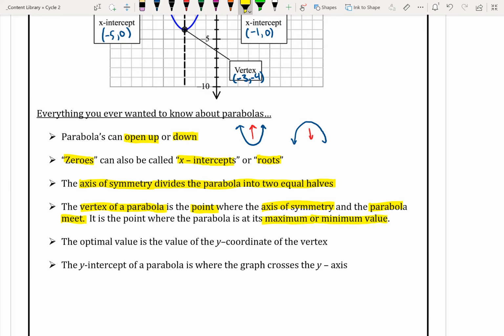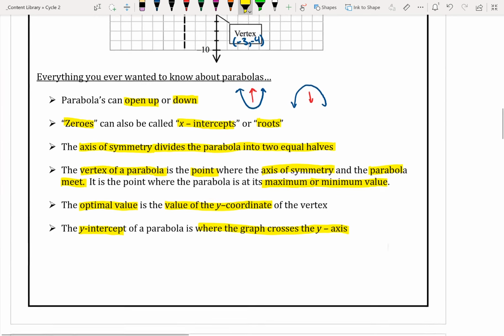So that's key there, especially when we get into application questions. The optimal value, so again, this is more related to application. The optimal value is the value of the y-coordinate of the vertex. And again, the y-intercept, we know where the graph crosses the y-axis. So those are just some key things that we should keep in mind about parabolas.